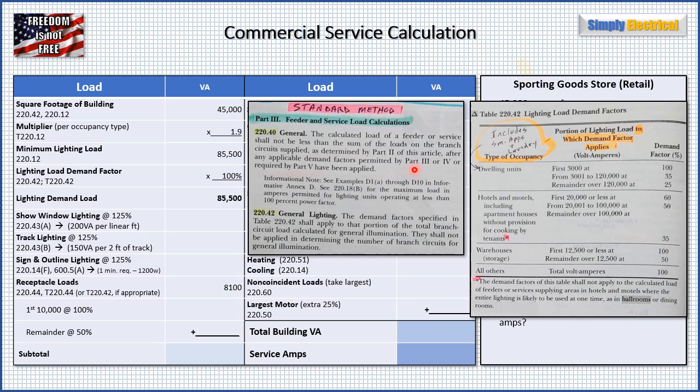Now part 3 is what we're just starting to get into here. Part 4 is optional method, which we're not doing in this calculation. And part 5 is farm loads, so that has no bearing on us either.